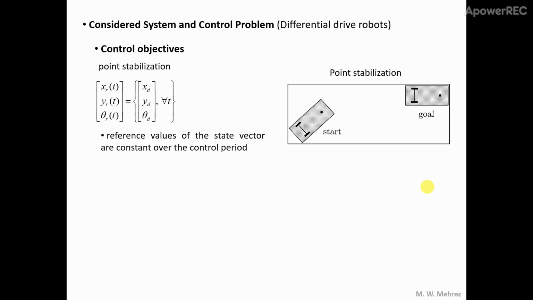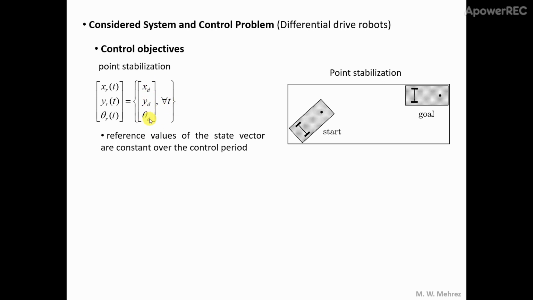Remember that we talked about two common control objectives in control problems in general. The first one is the point stabilization problem, where the reference we would like to stabilize our system to is a fixed point in time. So for example, if we're looking at a point stabilization problem for this mobile robot, we set the reference to be these three values for the x position, the y position, and the angular position theta.